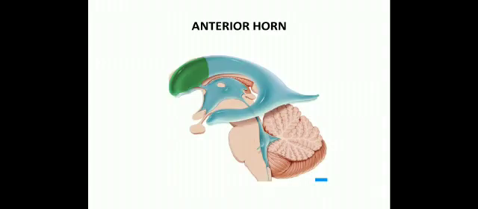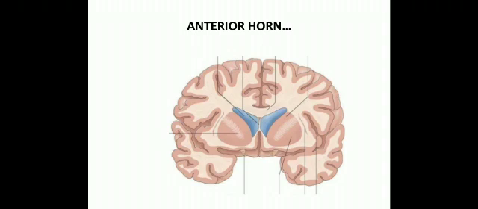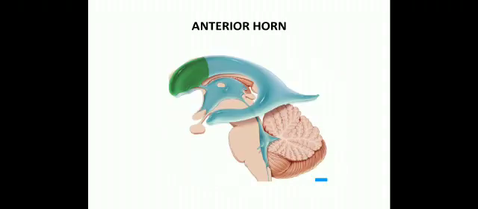The anterior horn is present in front of the interventricular foramen, which is depicted in the diagram as the green colored part. It lies in front of the interventricular foramen and extends into the frontal lobe.